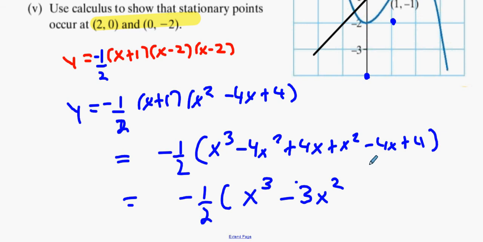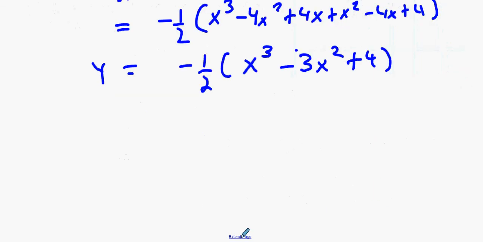No x's, is there? And then just plus 4. Alright. Anybody remember how to differentiate? Alright. Just ignore the half. Just ignore that part. And just concentrate on differentiating this part here. Okay? Or you could just multiply in by the minus a half.